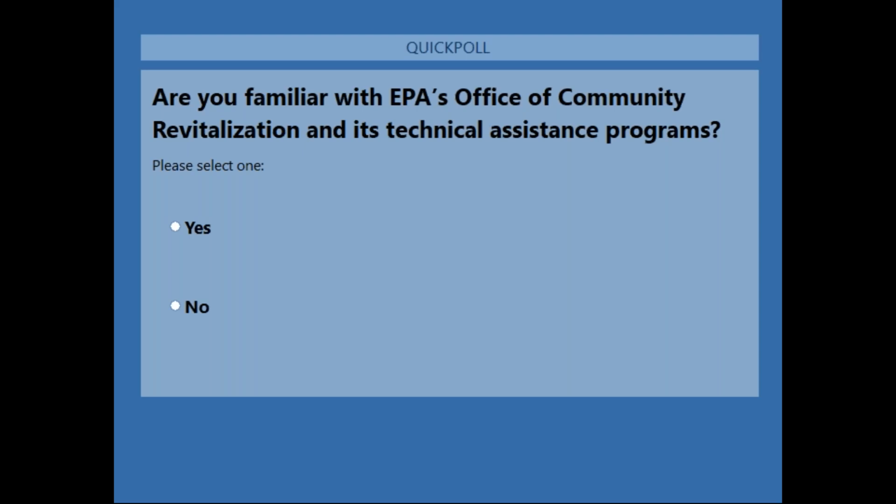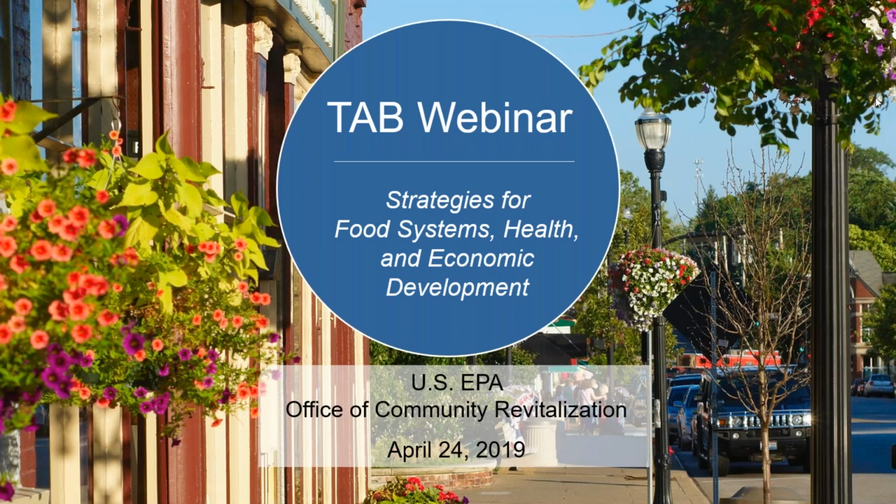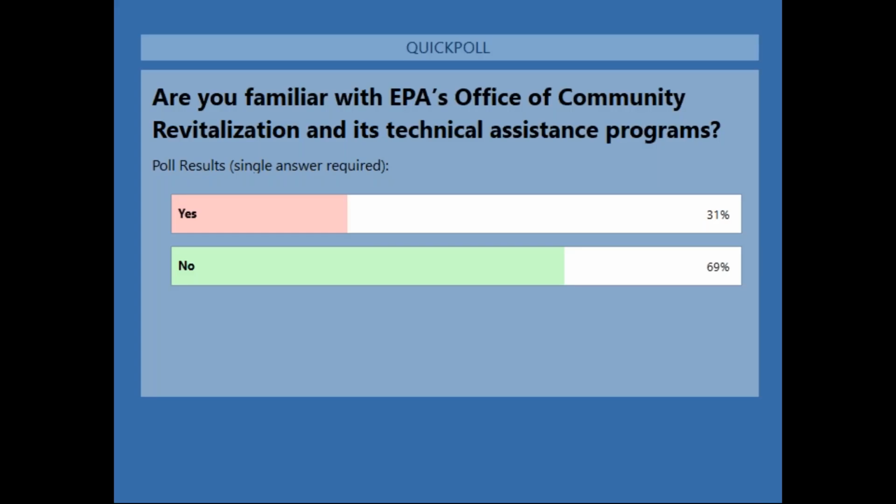I'm the director of one of the divisions, the Federal and State Division in the Office of Community Revitalization. I'm joined by two of my senior colleagues, Stephanie Bertaina and Melissa Kramer, both of whom have run our technical assistance program in this office for many years. We appreciate being here.